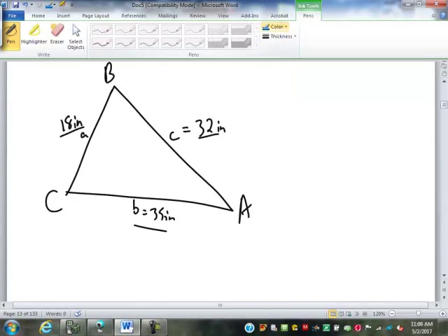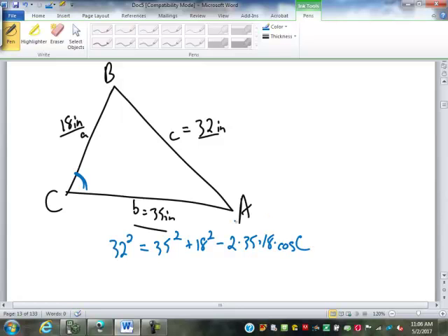So we start out by picking which angle we're looking for. Which angle did you look for first? You picked C. Good choice. So then we set up what side goes first in our formula. 32 squared equals, perfect.